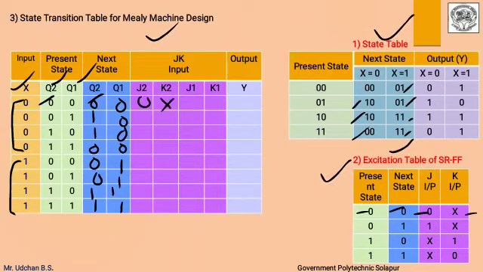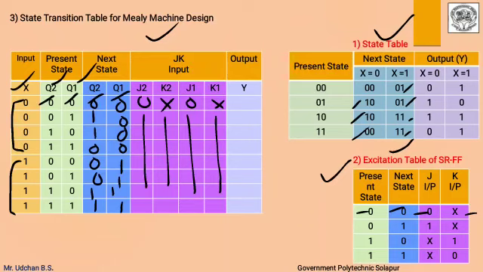Similarly for q1, present state is 0, next state is also 0, so for that also j1 k1 will be 0, don't care. So in the same way I will write all these entries by comparing q2 present state and q2 next state.